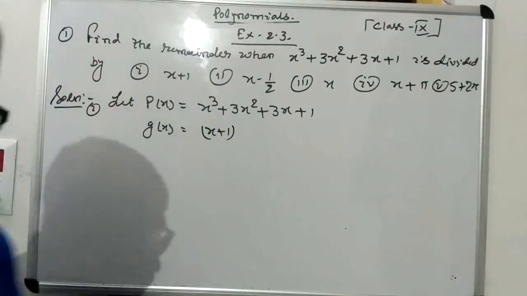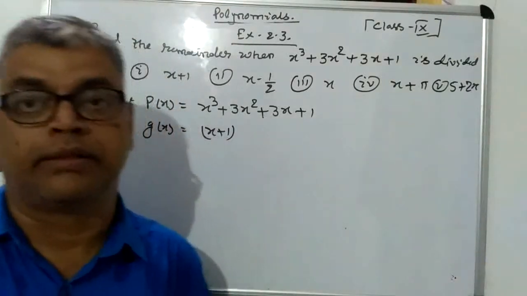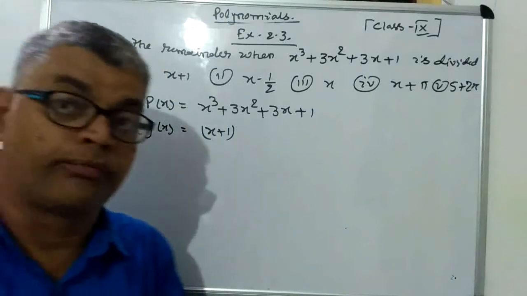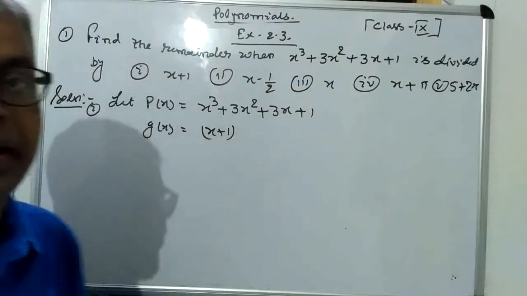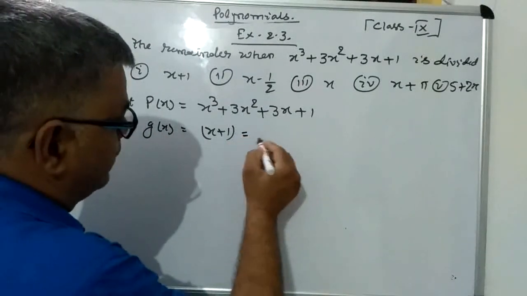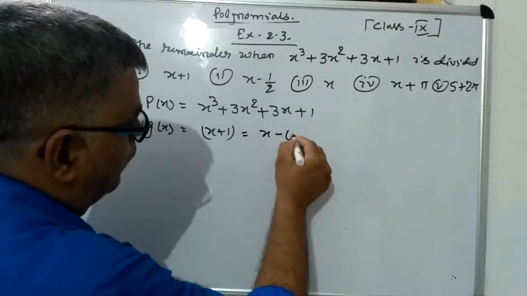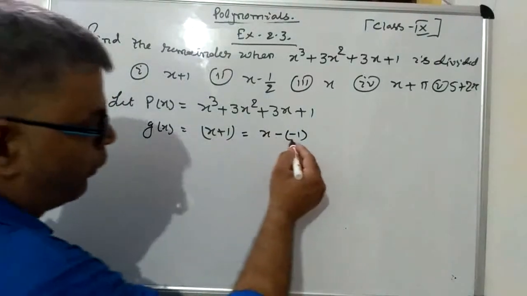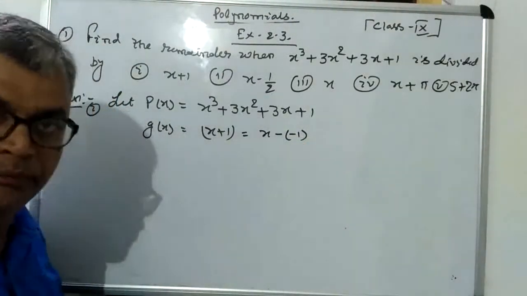So first of all, you bring the divisor, the polynomial by which you have to divide, in the standard form, that is x minus a. So this can also be written as x minus of minus 1. Here the value of a is minus 1.